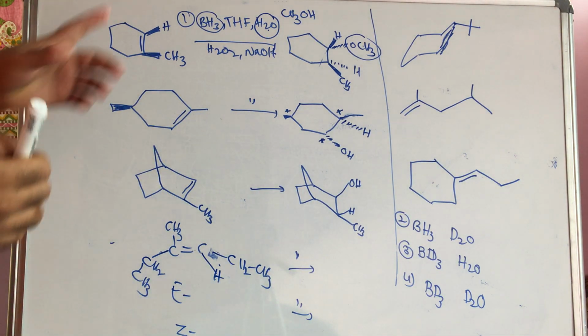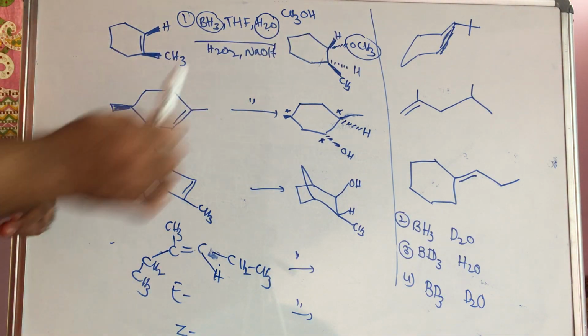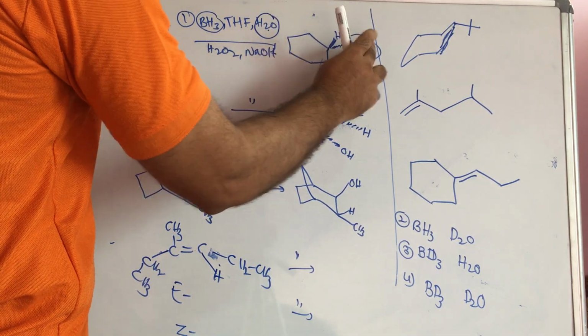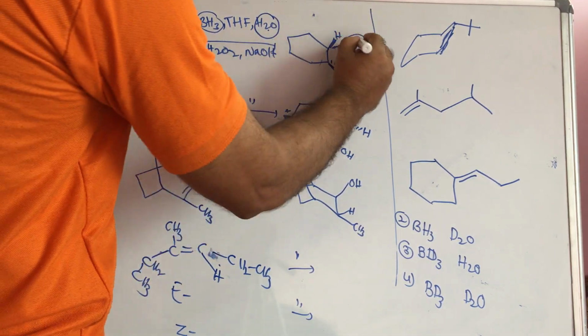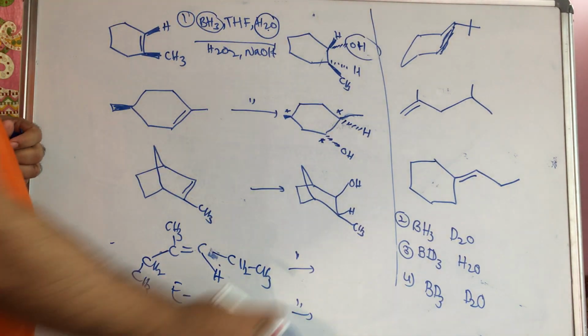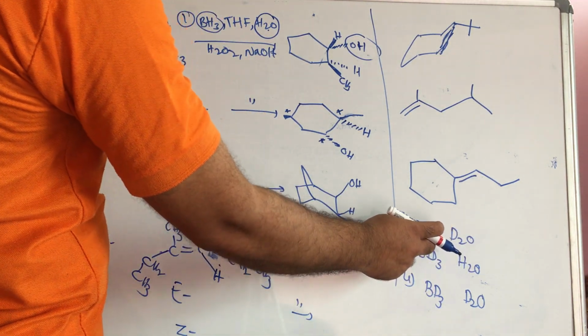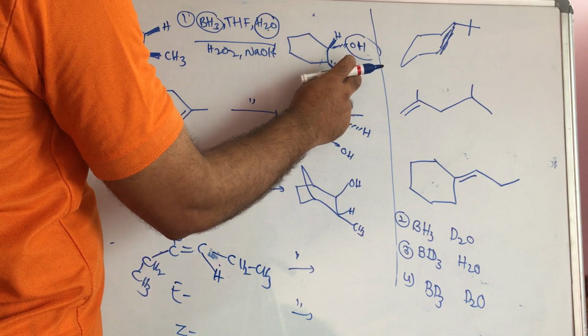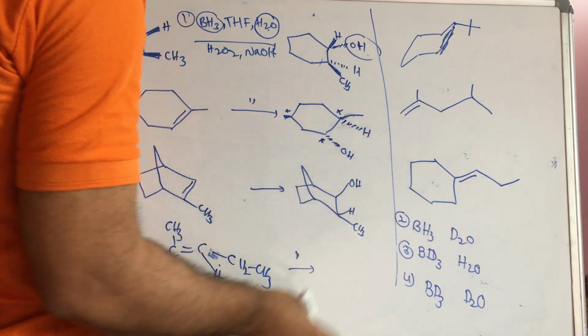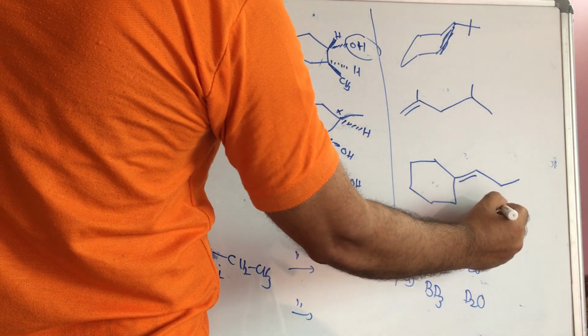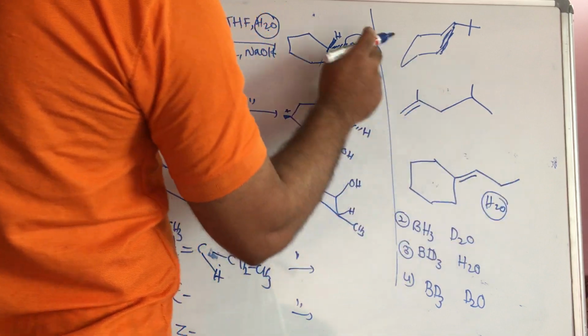If the first one is used, we already know, if it is methyl alcohol, only H2O is there, then what will we get as the product here? OH. In the second case, H is added from the BH3, and in the mechanism if you observe, in the last hydrolysis step only this OH will be added.